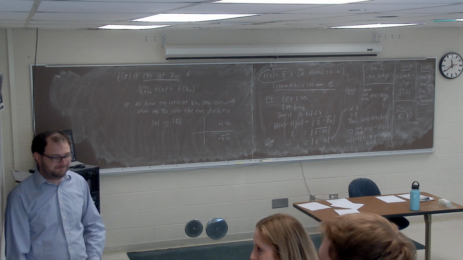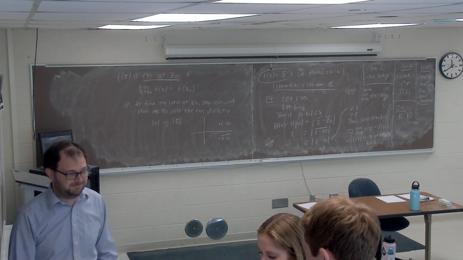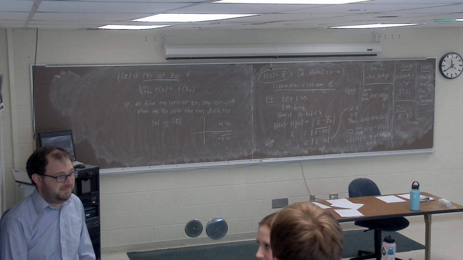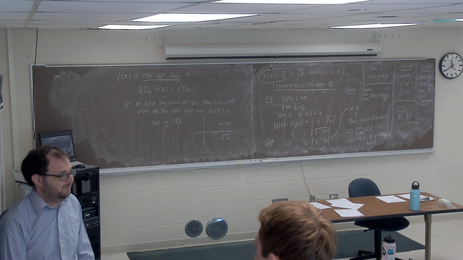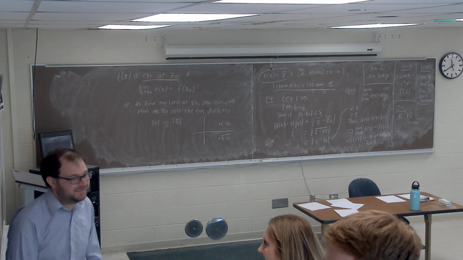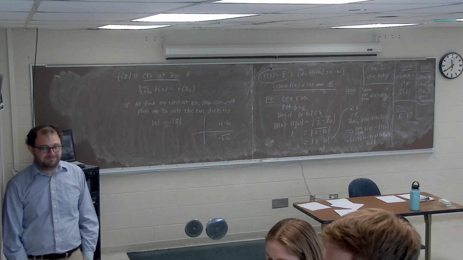Also, I feel like the ones with just the n and the epsilon, the sequence ones, are easier. This is why I gave you a more complicated sequence than the function.